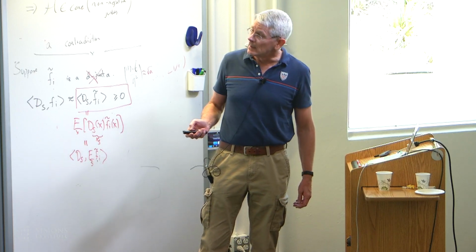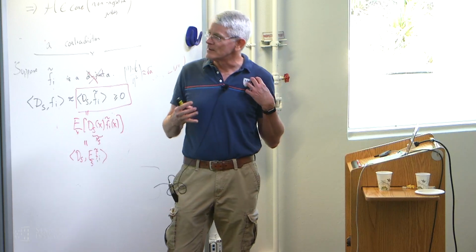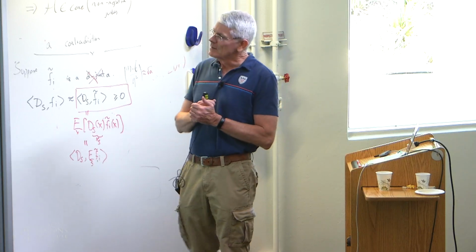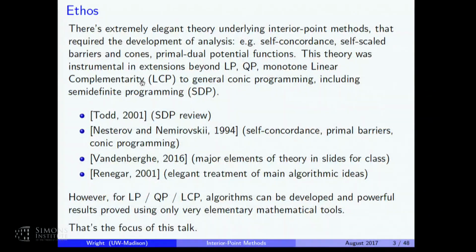Okay, all right, so here's a statement of philosophy that I want to preface the talk with. There is beautiful theory underlying interior point methods, beautiful analysis, very elegant. It also required the development of new areas of analysis: self-concordant functions, self-scaled barrier functions and cones, primal-dual potential functions, all of these ideas that came up in the 80s and 90s.